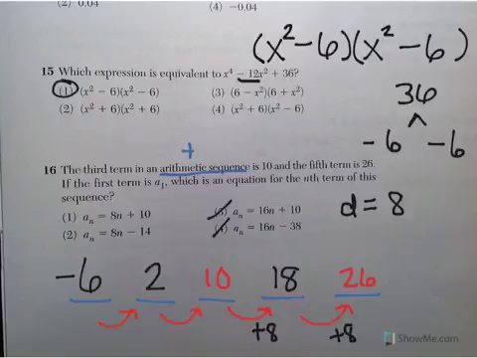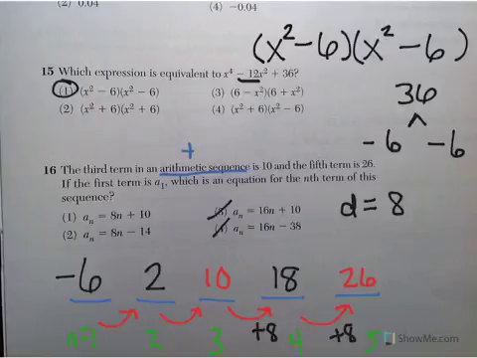So let's try choice 1. If I multiply 8 by n, and remember, n is the number of the term that you're referring to, so n would be equal to 1 here, n is equal to 2 over here. This is the third term, the fourth term, and the fifth term. Okay, so let's figure this out.